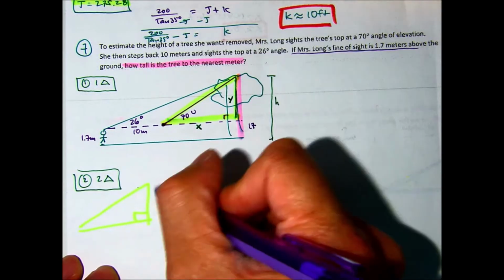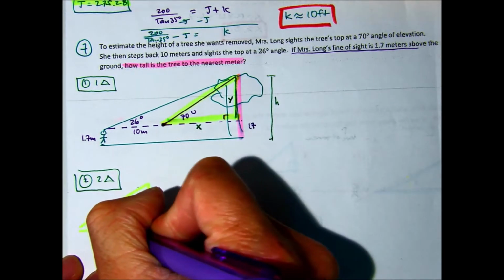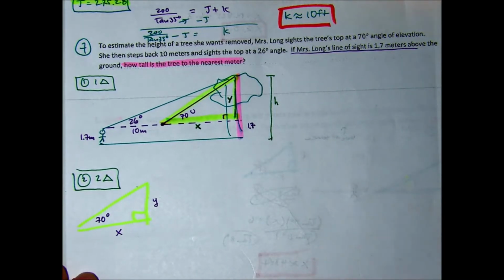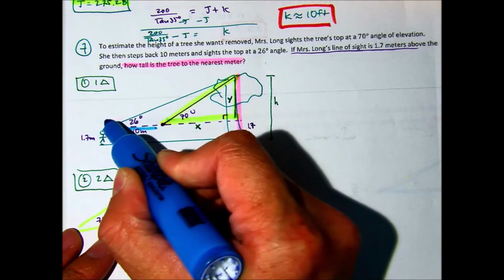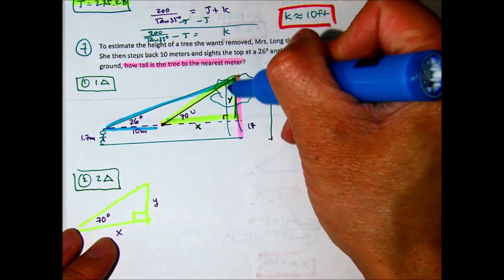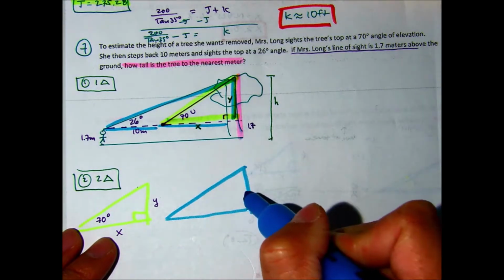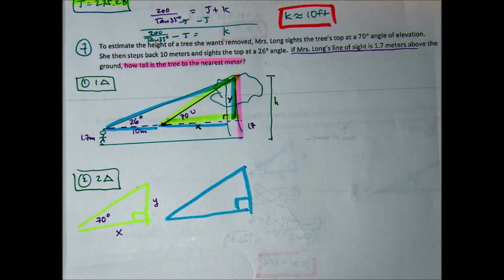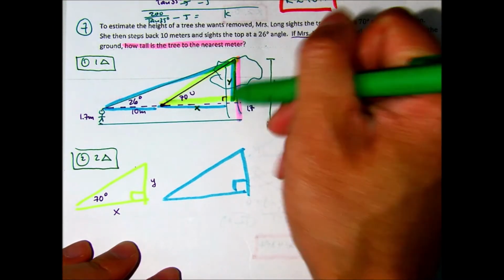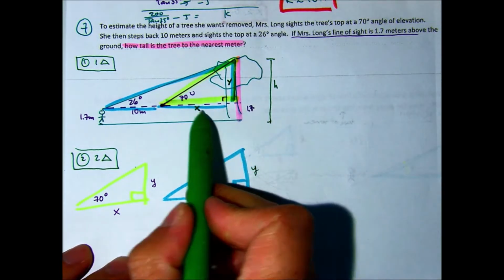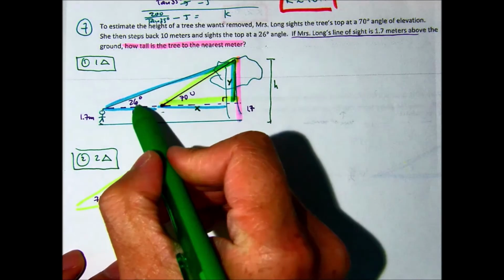I have the side Y, I have the side X, and I have 70 degrees. If I draw the blue triangle, in the blue triangle, I have the side Y. Here, I'm going to have 10 plus X. And then I have 26 degrees.